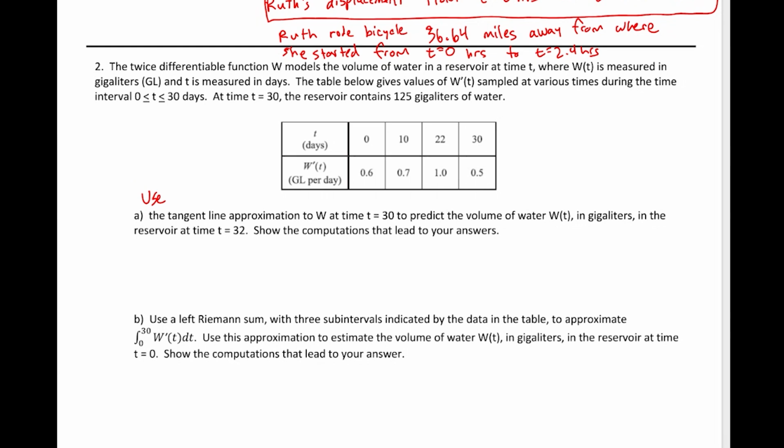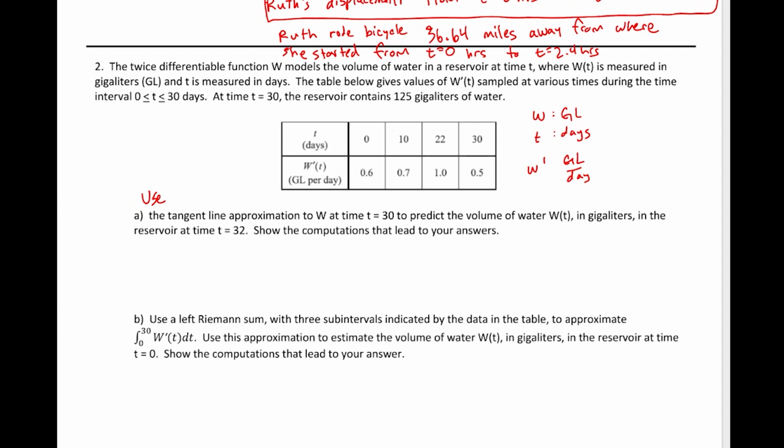Okay, so what we're given here, and again, let's write this down. W is in gigaliters. t is in days. So W prime is in gigaliters per day. And so what it's asking for us is to first come up with a tangent line approximation to W at time 30. Let's do that first.